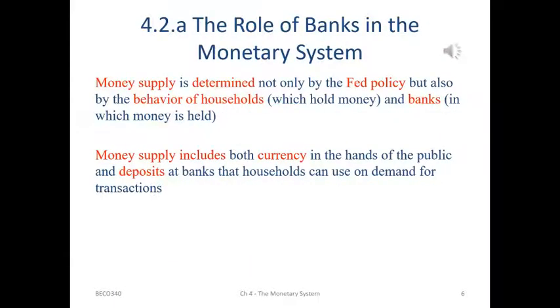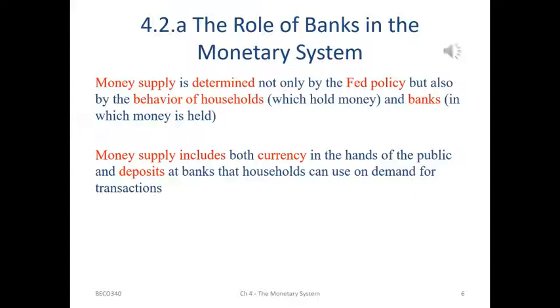Part 2. A. The role of banks in the monetary system. The money supply is determined not only by the Fed policy, but also by the behavior of the households which hold money and the banks in which money is held.